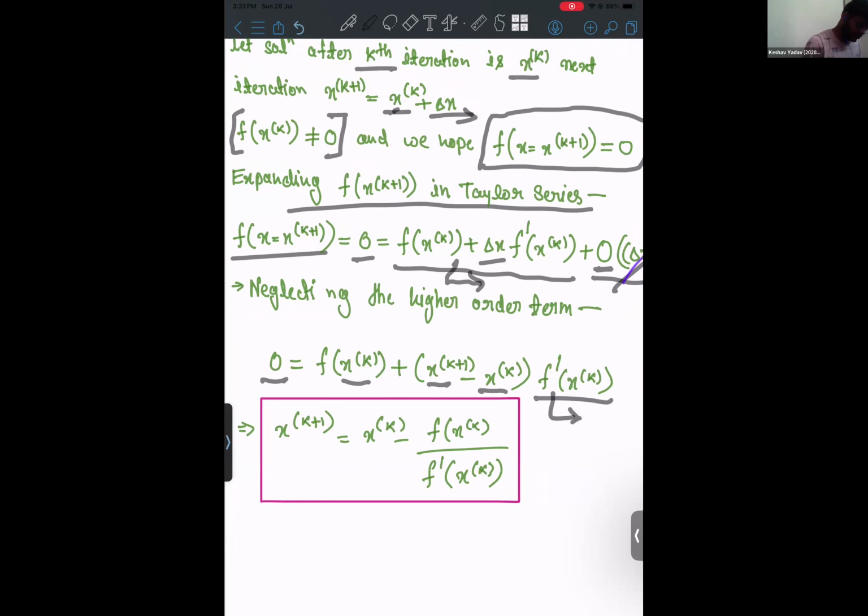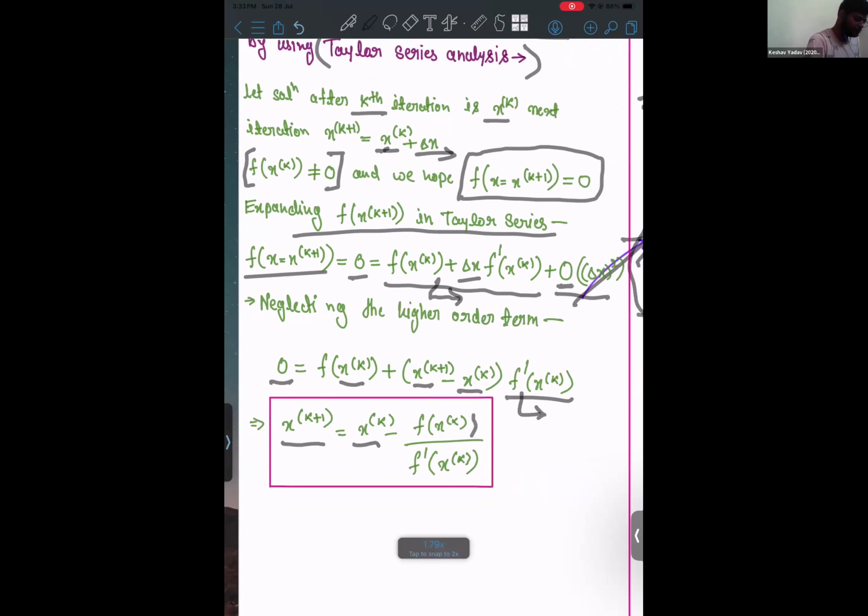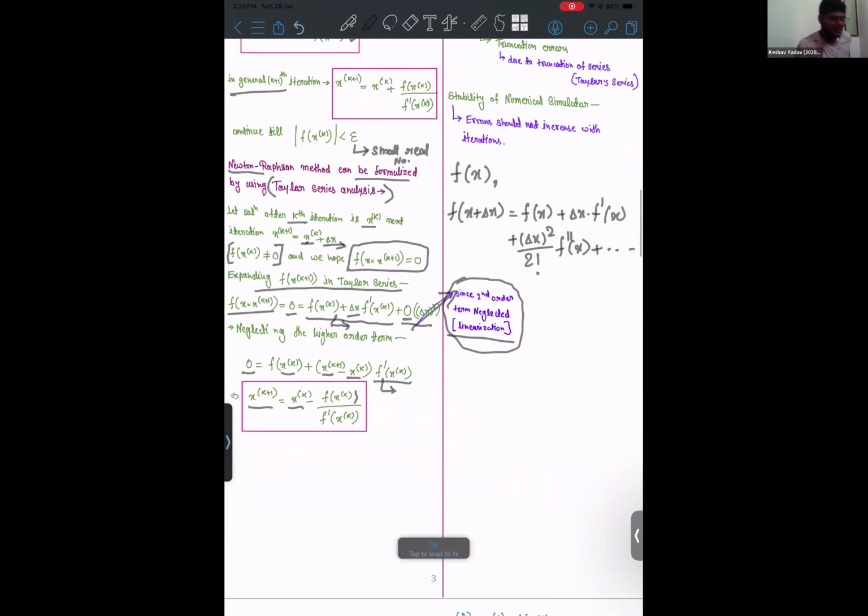By solving this, we get x at the k plus 1th iteration equal to x at the kth iteration minus f at the kth iteration divided by f prime at the kth iteration. So this Newton-Raphson method can be realized by using Taylor series expansion.